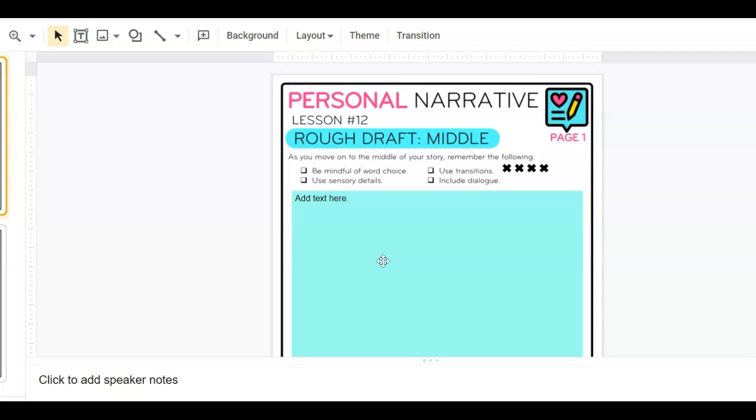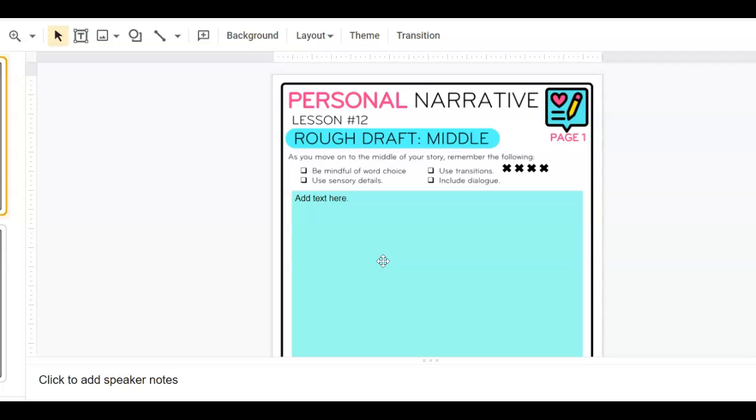And then those sensory details, you really want your reader to feel like they are there and use all of their senses to experience what you're writing about, what happened. And then using transition words would be a big one in this part, and then including that dialogue. So be mindful of those things while you are writing.